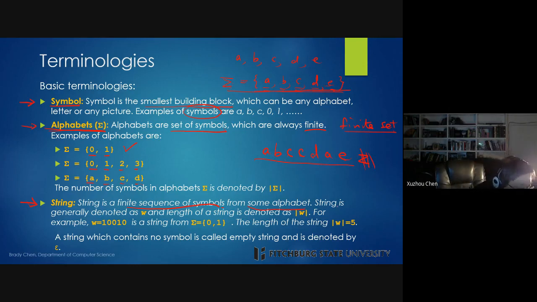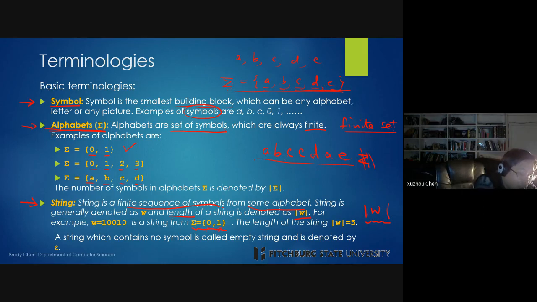A string is generally denoted as w, and the length of a string is denoted as |w|, with two bars on both sides. We use this to represent the length of the string, which means the number of characters in the string. For example, if we use the alphabet 0 and 1, there are two symbols in this alphabet.